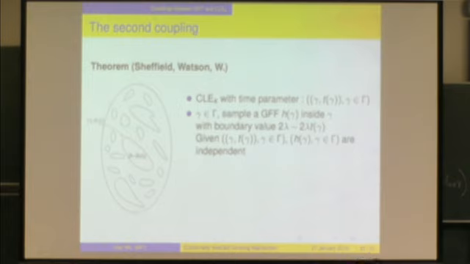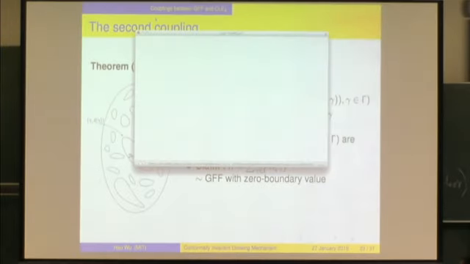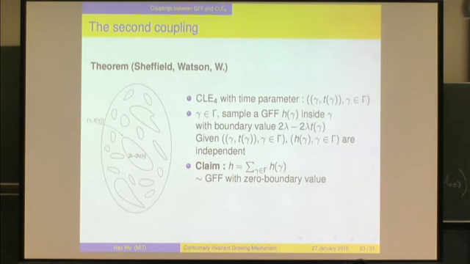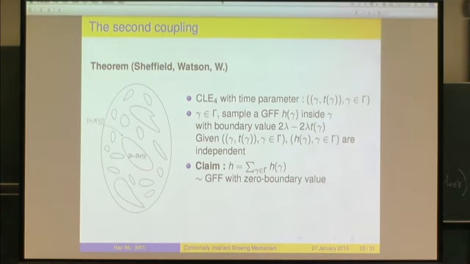All these Gaussian free fields are sampled conditionally independently. The claim here is that the sum of all these Gaussian free fields has the same law as a Gaussian free field with boundary value. So this is the second coupling between the Gaussian free field and the CLE4, and here we use the time parameter we define on each loop for the CLE4.